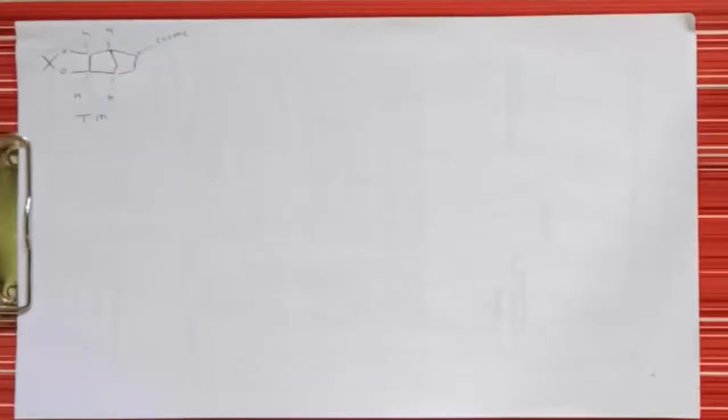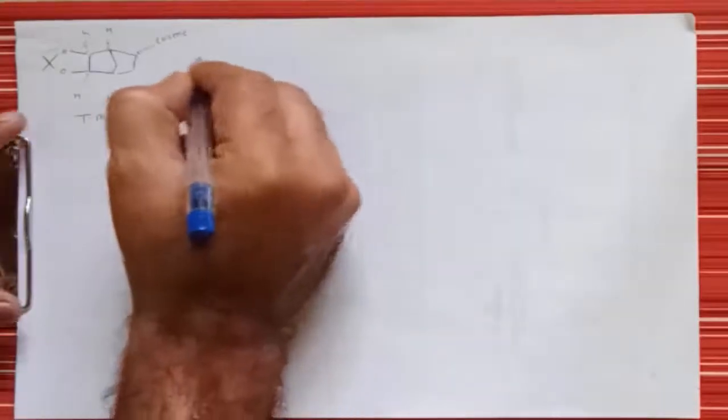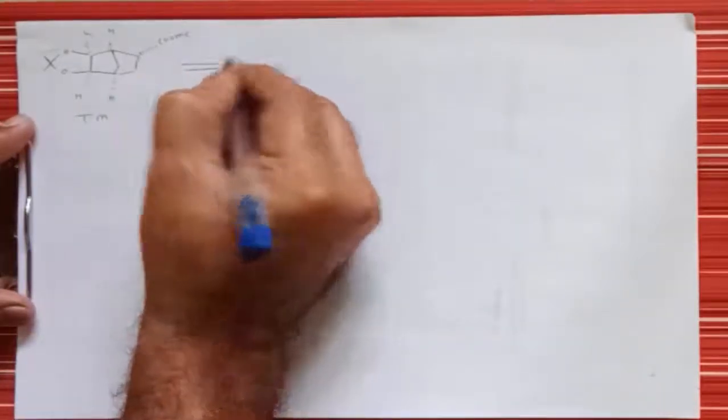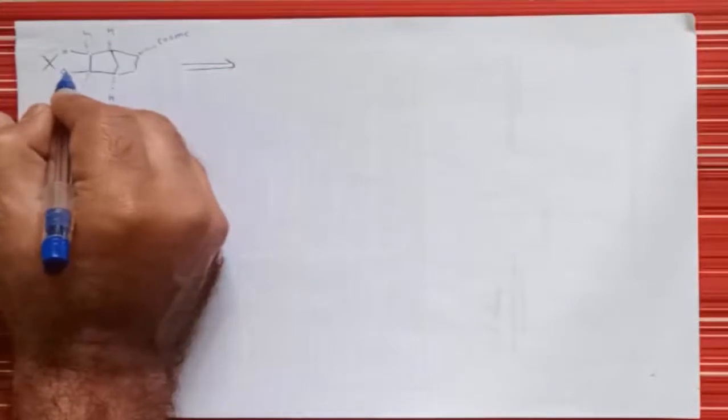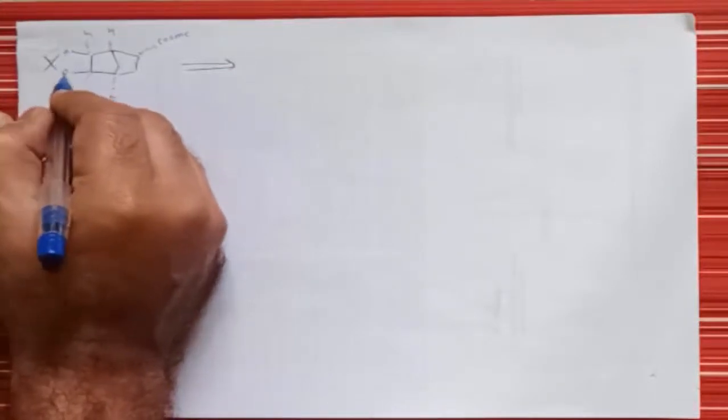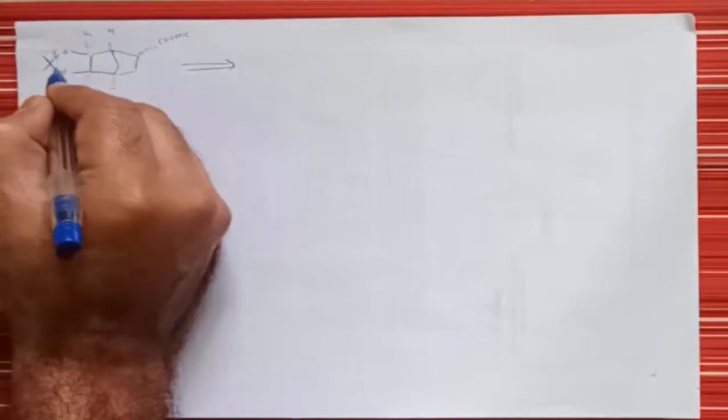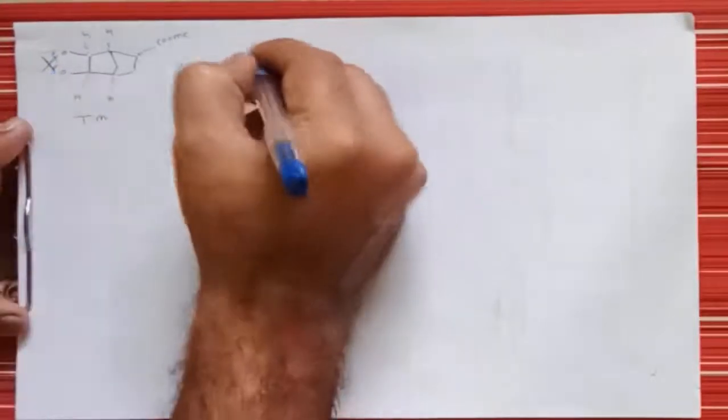So here is one more target molecule. In that target molecule, we can see that this molecule contains a protected diol. Then if we break this molecule at this position, what does it give?